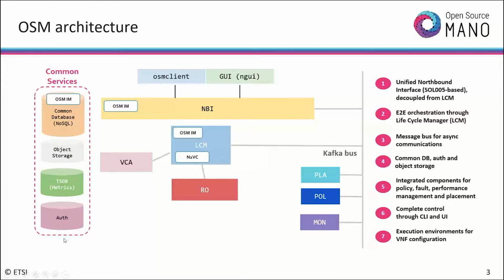The auth interaction between NBI and auth happens for getting the permissions required to do an operation. So if an operation is not allowed, it will be rejected promptly in the NBI. We have integrated components for policy, fault, performance management, and placement. Those will hear different messages from the Kafka bus and publish other messages there.